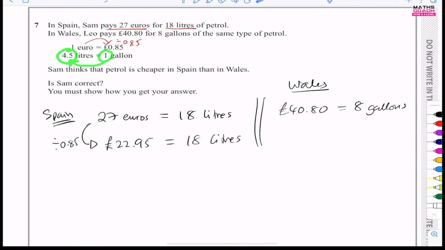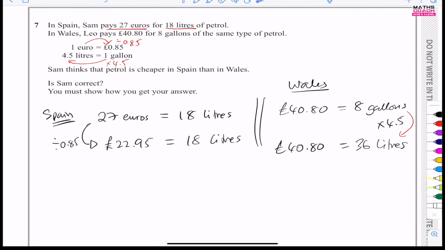You multiply by 4.5. So I'm going to multiply the gallons by 4.5. The £40.80, I don't need to do anything there. I'm just converting the gallons to liters. So 8 times 4.5 gives me 36 liters.